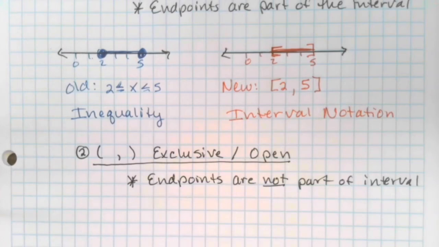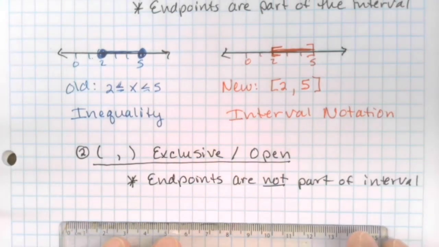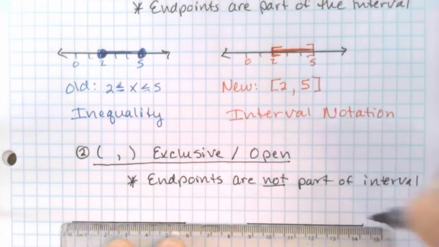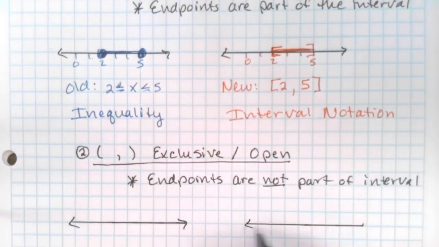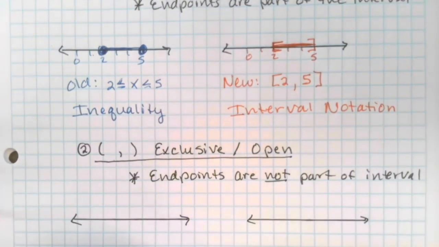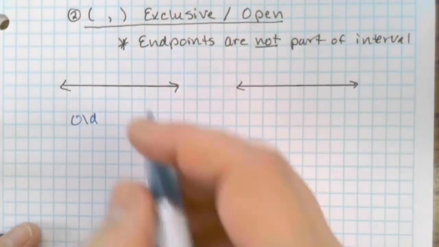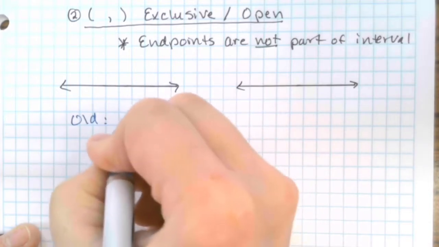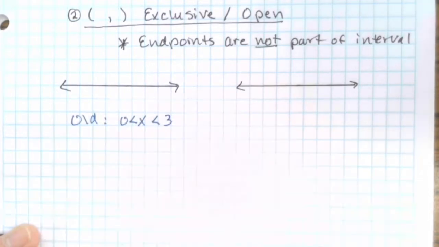Okay, and like before, we're going to do a little comparison here. So draw yourself two small number lines. Okay, so in the old notation, you might have something like x greater than 0, less than 3.